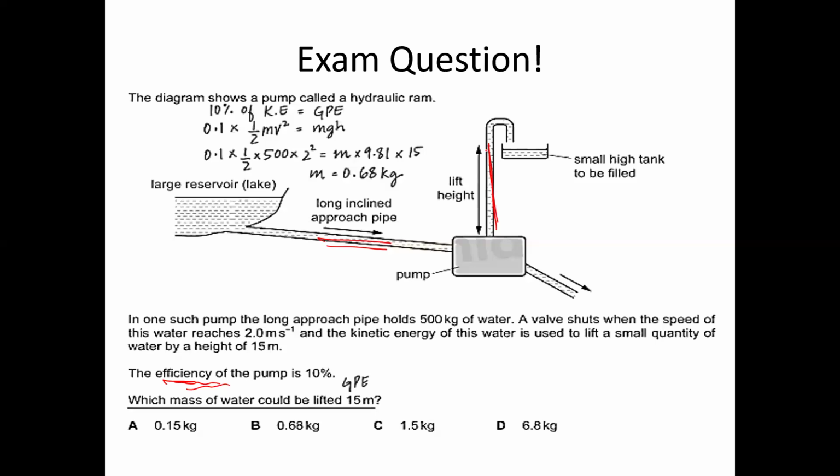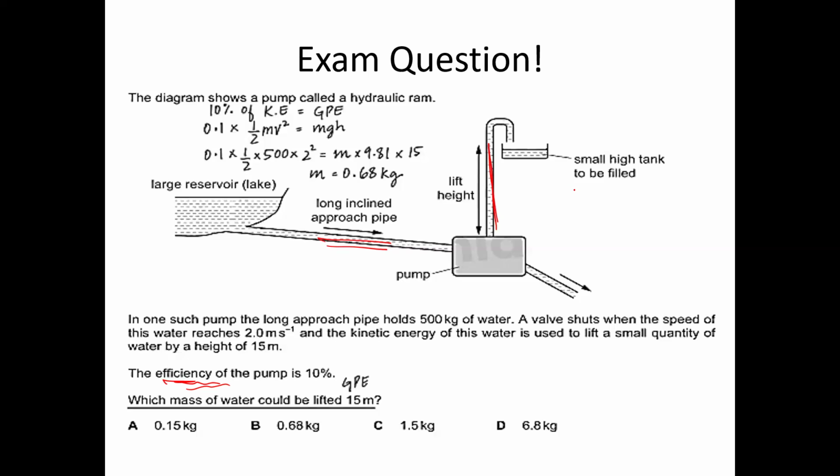The long approach pipe holds 500 kg of water and a valve shuts when the speed of this water reaches 2 meter per second, and the kinetic energy of this water is used to lift a small quantity of the water by a height of 15 meters. So it means input energy is going to be kinetic energy and output energy will be gravitational potential energy.